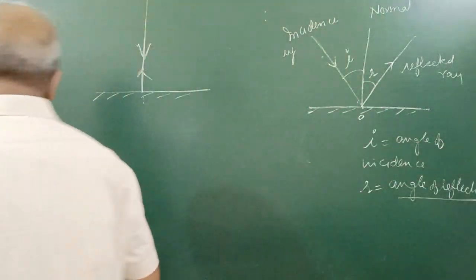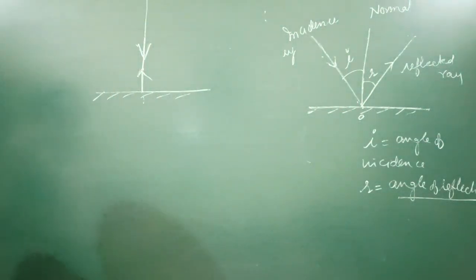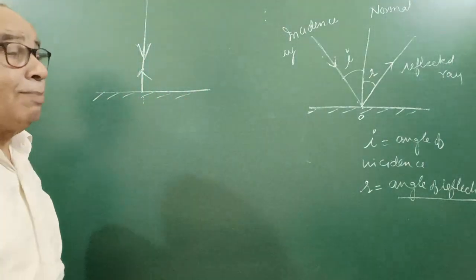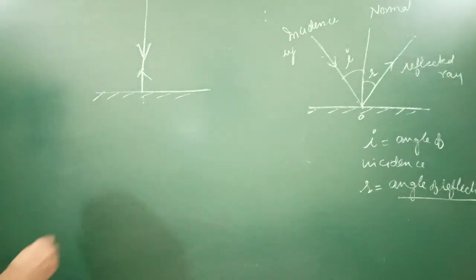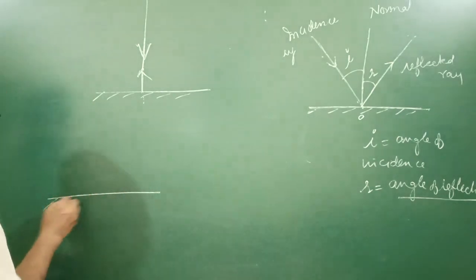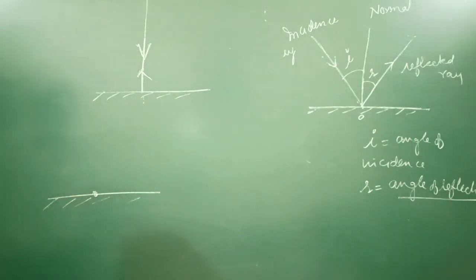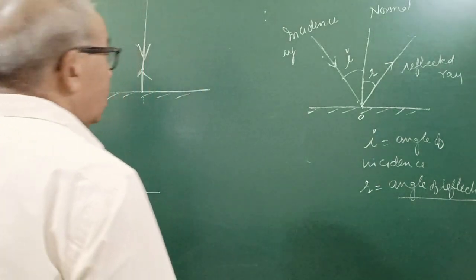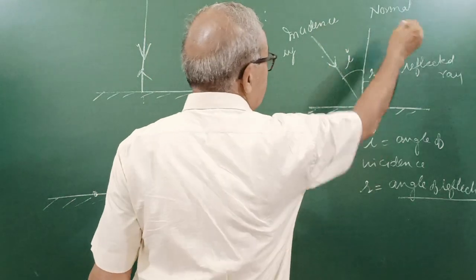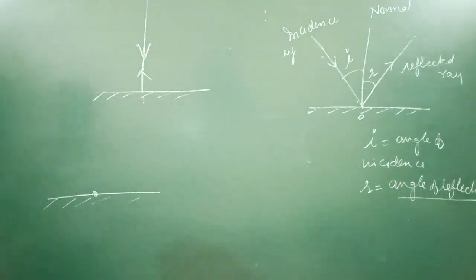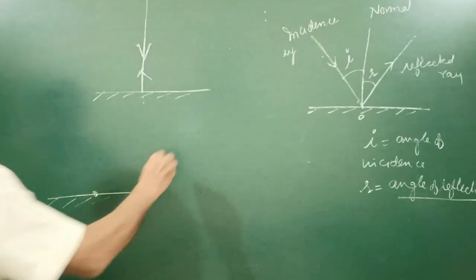Now there is another question here. How many rays at a point of incidence lie with the same angle of incidence? If it is the plane mirror here and it is a point of incidence, how many rays can fall here with the same angle of incidence? Generally, people say only one. No. Actually, an infinite number of rays can, making a cone like this.